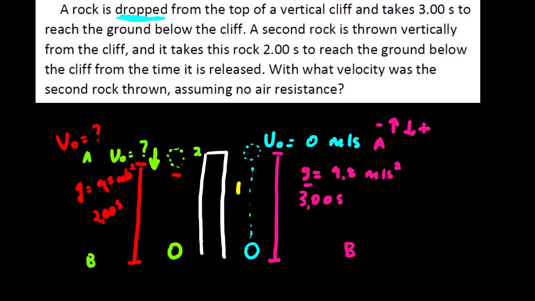That is what is common. So if we can use the information of rock 1 and calculate the displacement, we can be able to use the very same equation to calculate the initial velocity with the calculated displacement. So let us do that.